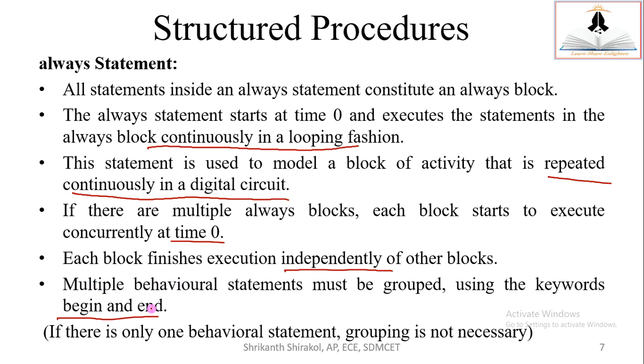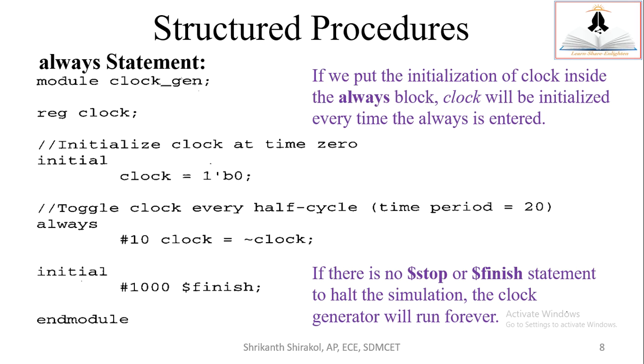You have to use begin and end to cover the multiple statements inside the always statement. If there is only one behavioral statement, grouping is not necessary. Most of the things are the same as the initial block. The difference is that it will execute continuously in a looping fashion, whereas the initial block will not.